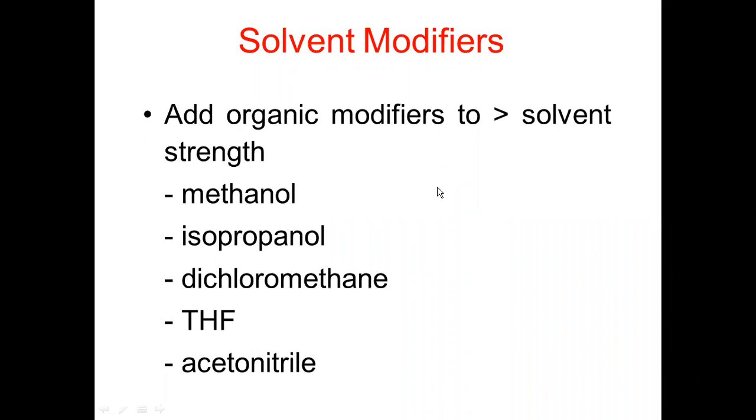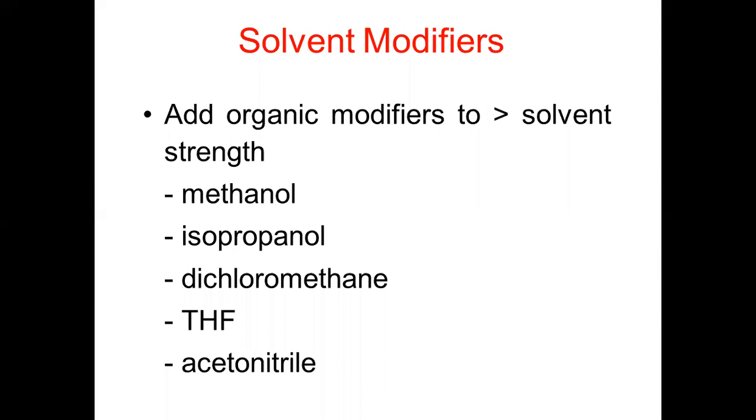And what are the commonly employed solvent modifiers we use in supercritical fluid chromatography? Mainly methanol. Low molecular mass alcohols can be used, including methanol, isopropanol, and other organic compounds such as dichloromethane or methylene dichloride, tetrahydrofuran, acetonitrile.